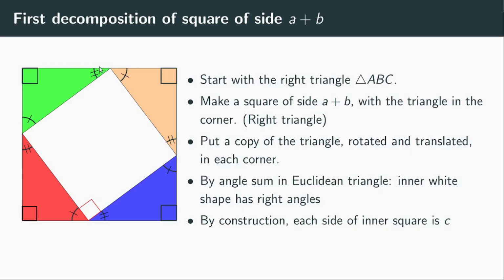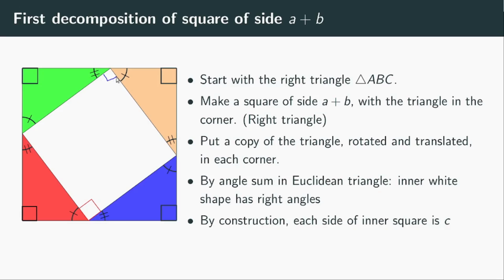Now look at this configuration: I have a straight line at the edge of my big square, with the double tick mark here and the single tick mark here, so the angle between them has to be a right angle so that these three add up to 180 degrees.